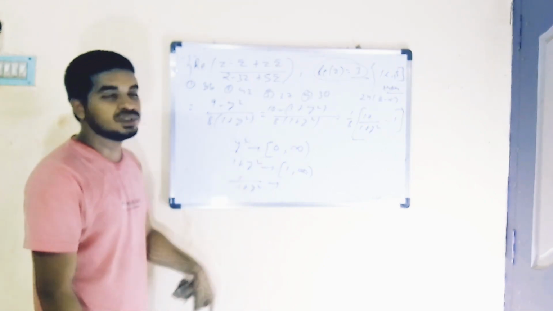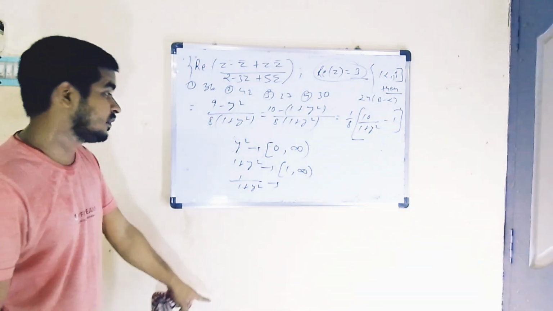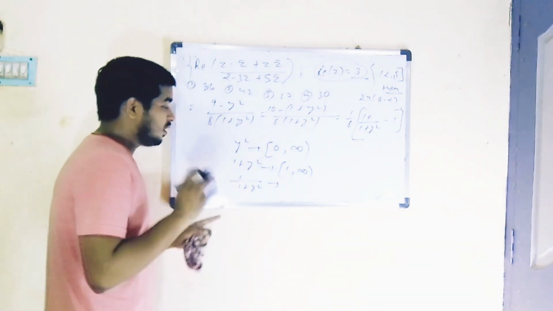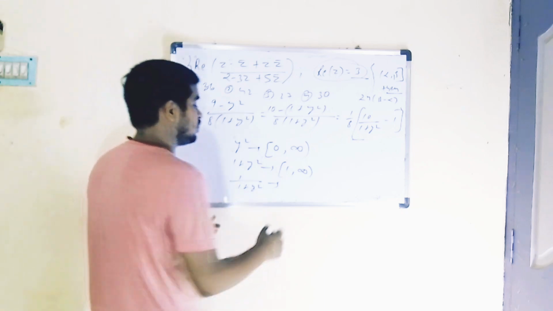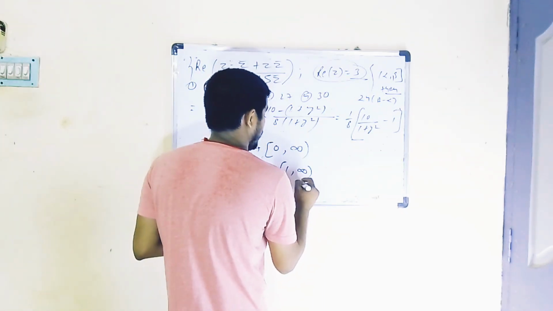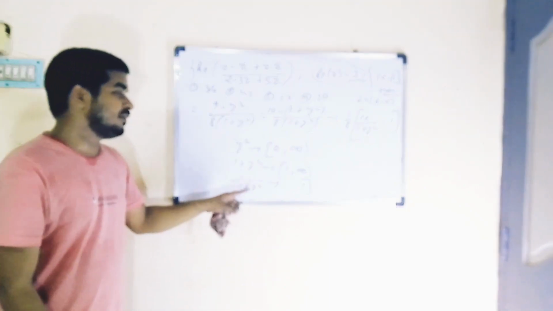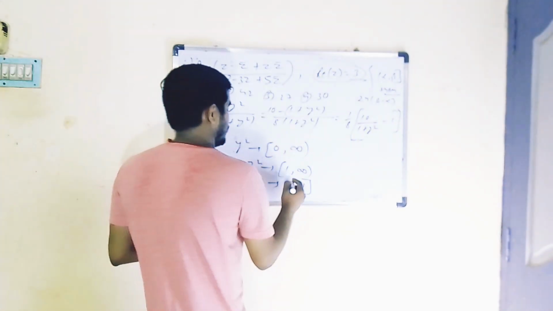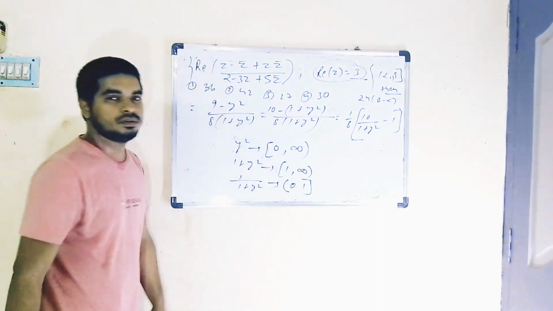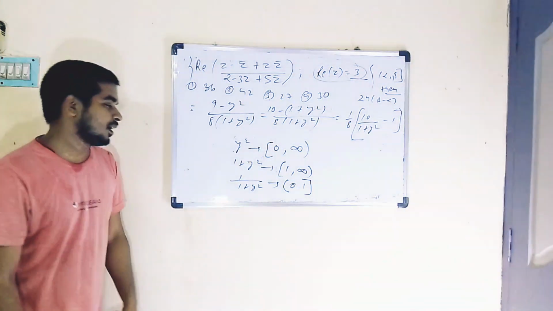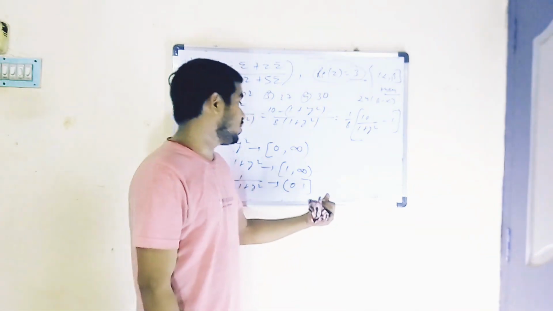If you put y as 0, then 1 will come. Yes or no? Because you are taking the reciprocal, 1 will come here. And for infinity, 1 by infinity is 0. So here it is open: 0 open to 1 close. Do you agree?